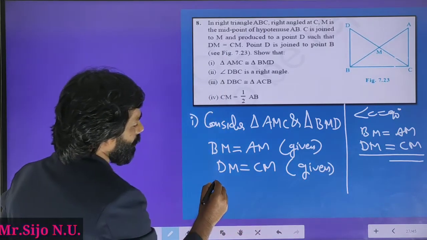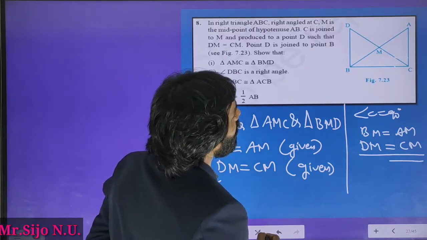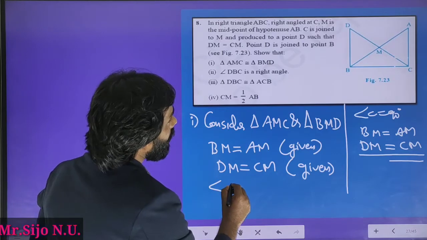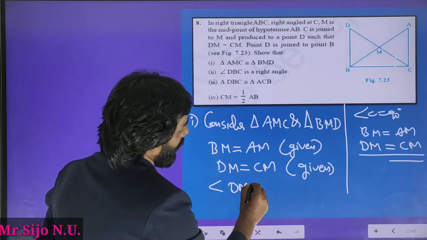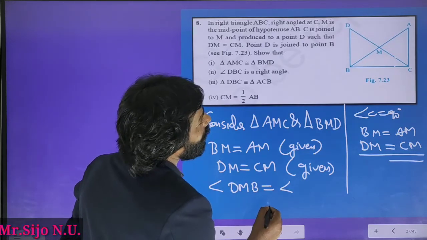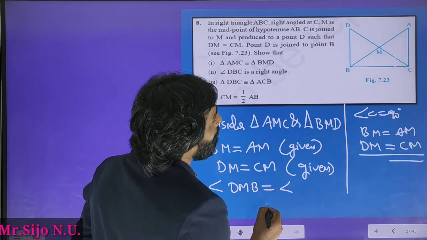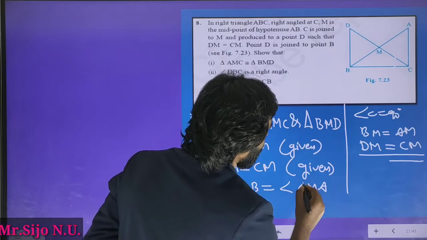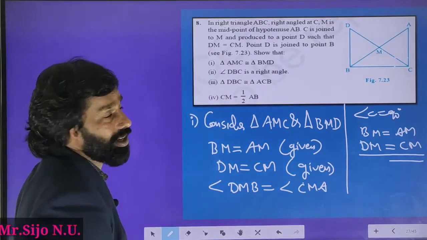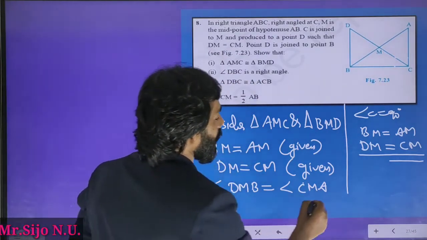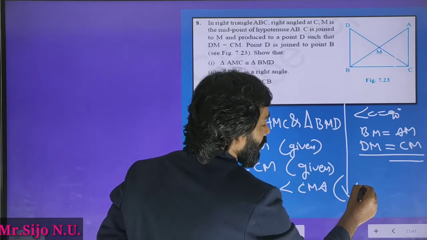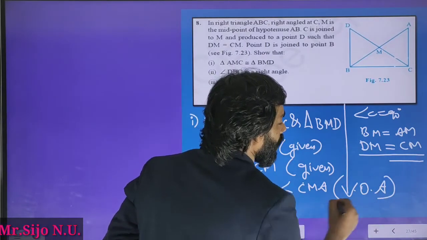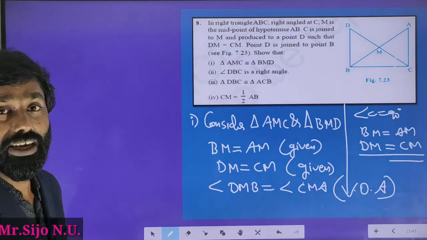Now we can say angle DMB equal to angle CMA. What is the reason? It is very simple: vertically opposite angles. We have already learned that vertically opposite angles are equal.